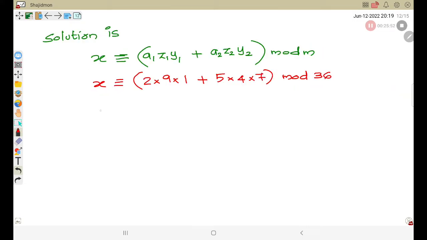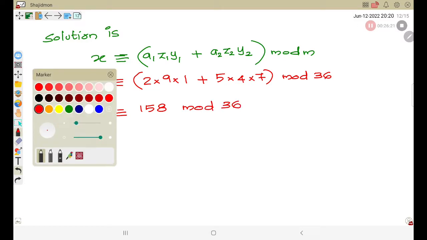So we can write X congruent to, and now we can check this number in our calculator: 2 multiply 9 multiply 1. When you are doing it in the calculator, better to use brackets. Plus the second one, 5 multiply 4 multiply 7, keep it in one bracket, and you will get 158 mod 36.